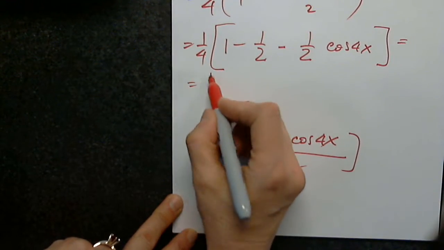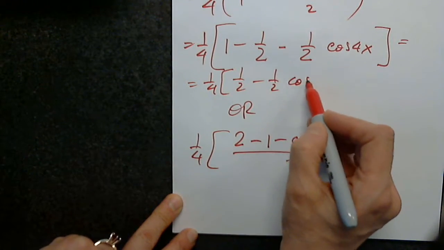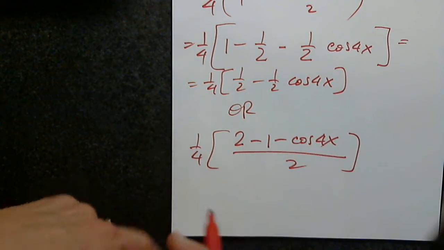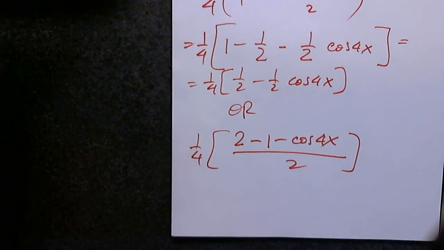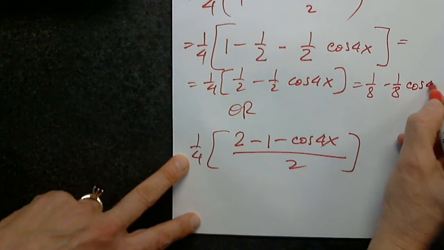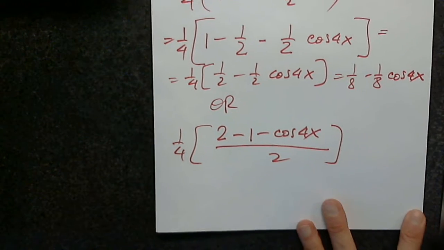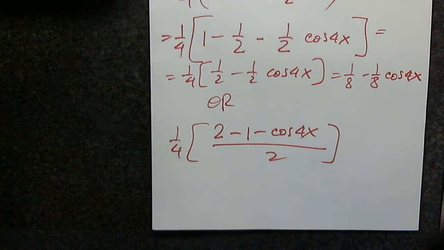So here you'll have 1/4, and 1 minus 1/2 is 1/2 minus 1/2 cosine 4x. And all you have to do is distribute 1/4, and you're done. So 1 over 8 minus 1 over 8 cosine 4x. I hope you agree that this is way more human than the problem we looked at in class some time ago.